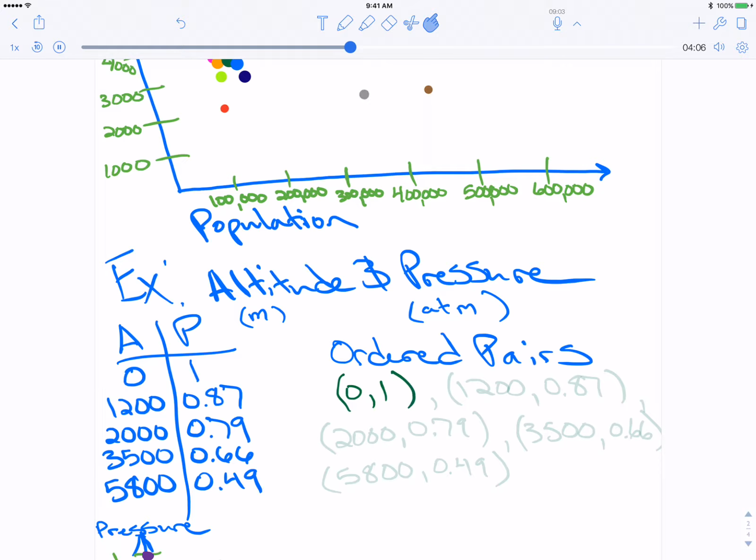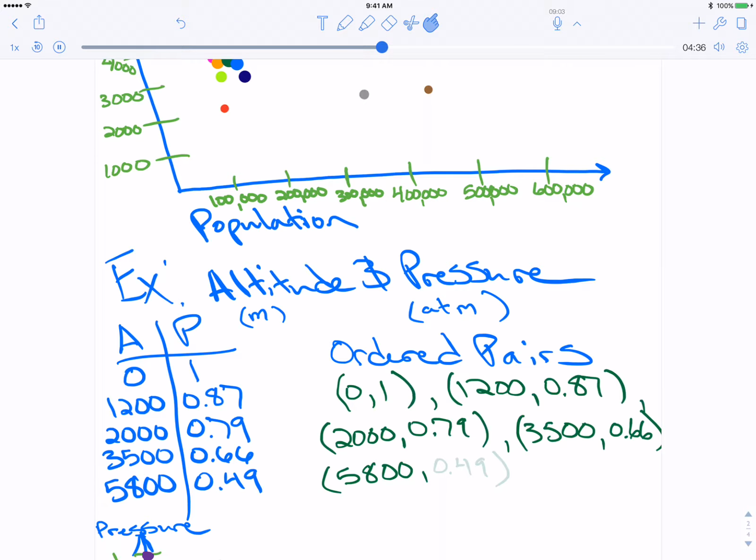So the ordered pairs coming from this table give me (0, 1), (1200, 0.87), (2000, 0.79), (3500, 0.66), and then finally (5800, 0.49). And these are the points that I'm going to plot in the graph.